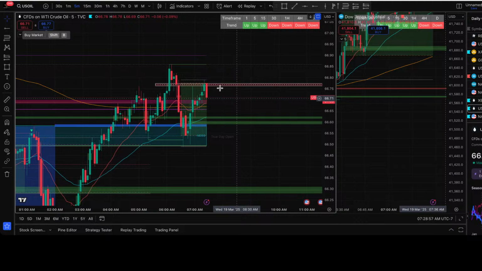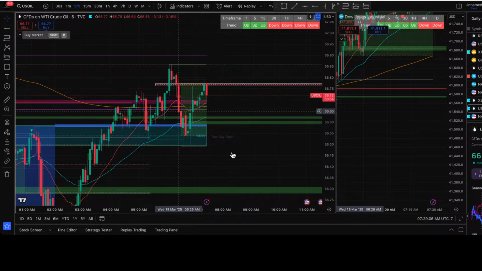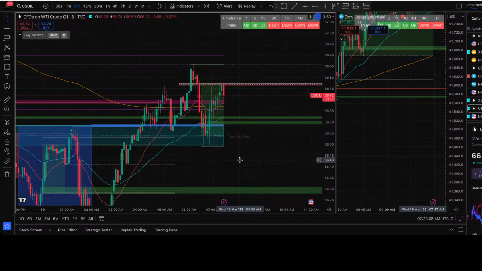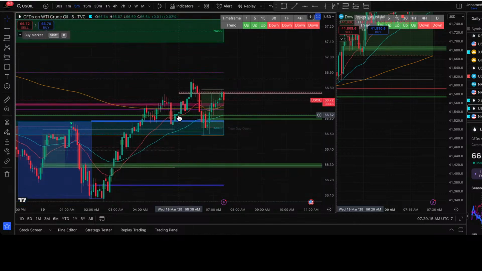We'd have to see a bearish fair value gap be created. Then ideally we want to see this market draw back down to the blue zone. We have a couple of blue zones. There's one right there. This is the stronger one.